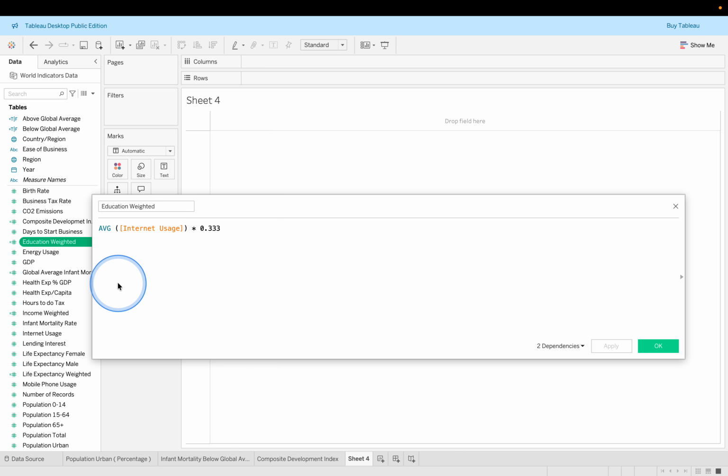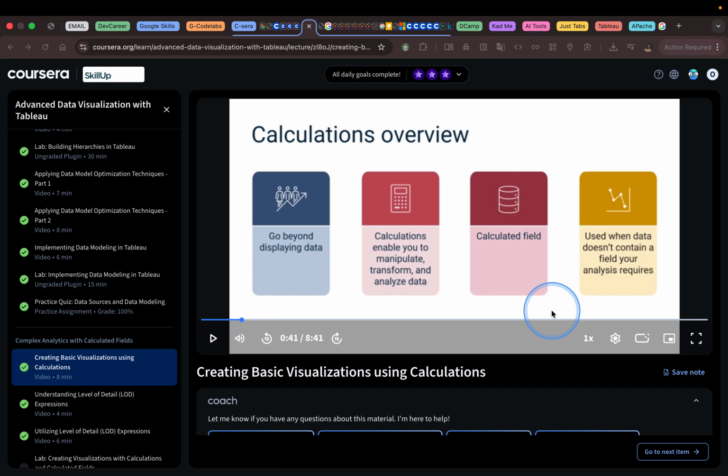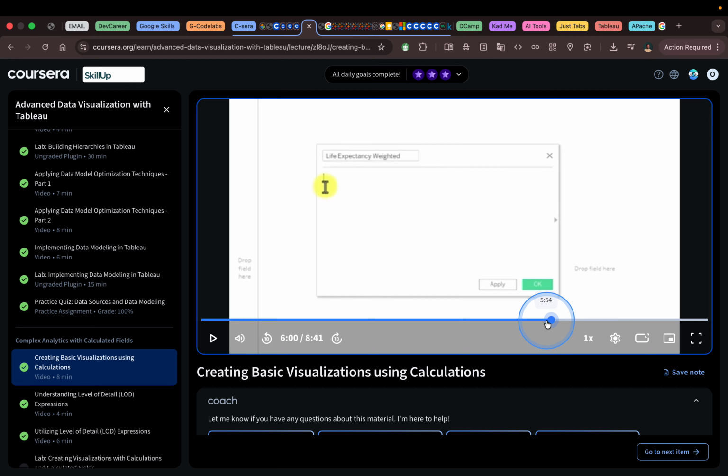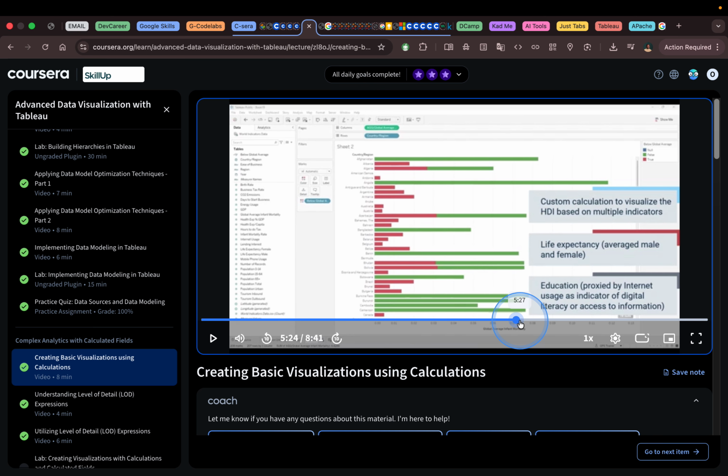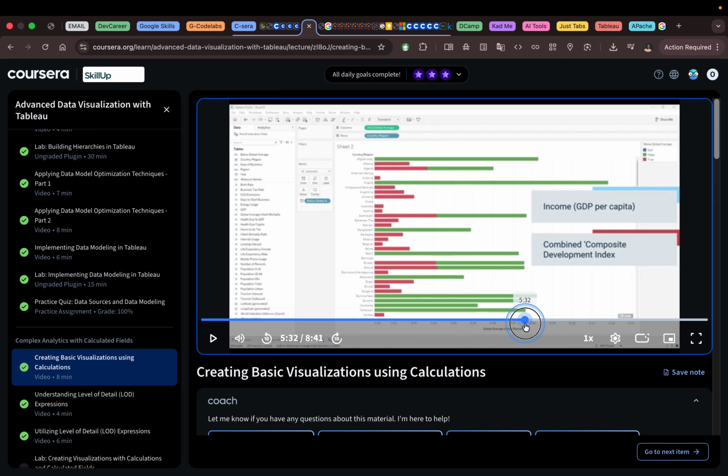The education weighted is average internet usage multiplied by 0.333. So let's see why 0.333 was picked.